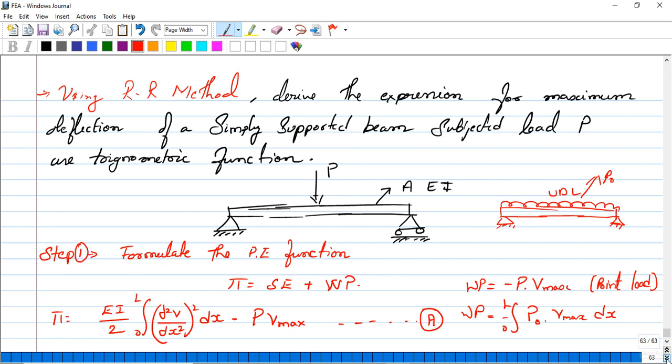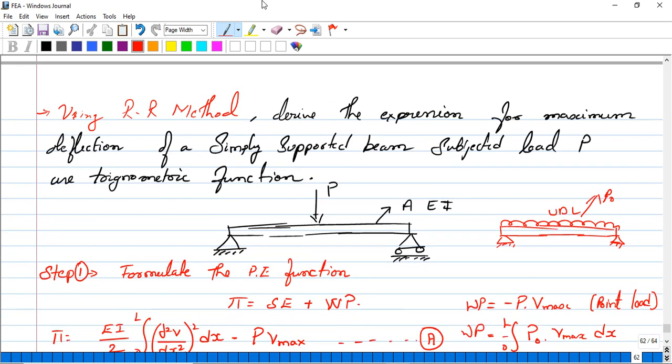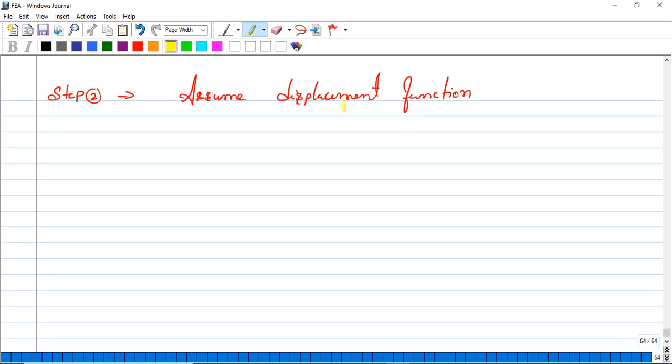Let us check step number 2. Step number 2 is to assume the displacement function. When I say displacement function, you are free to consider either a polynomial or a trigonometric function, but in the given problem, please note they have clearly specified to use a trigonometric function.